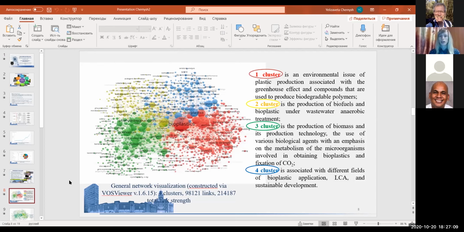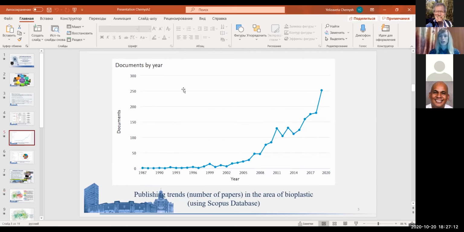It's very easy. Firstly, we sort different directions under this topic, and we need to form keywords. Under these keywords, we have a list of different publications, and we need to download this information from the Scopus database in CSV format, and then this file can be used in the software programs.